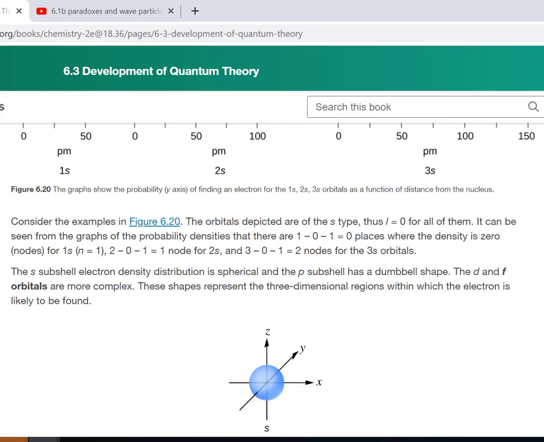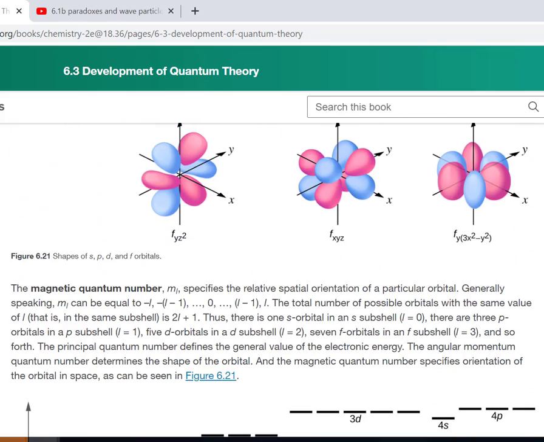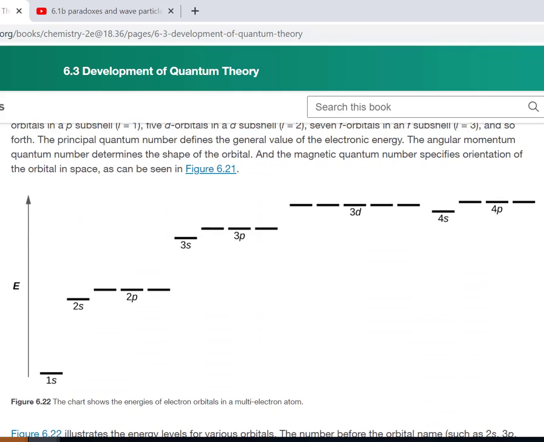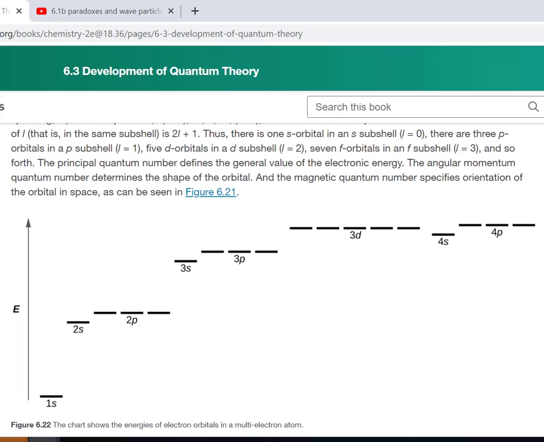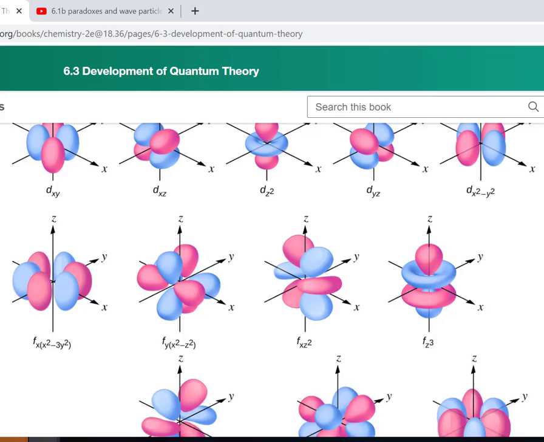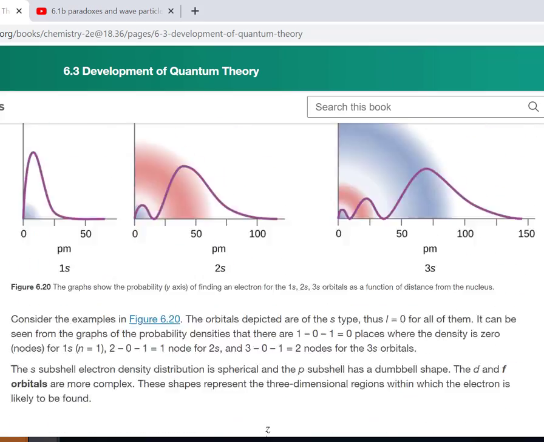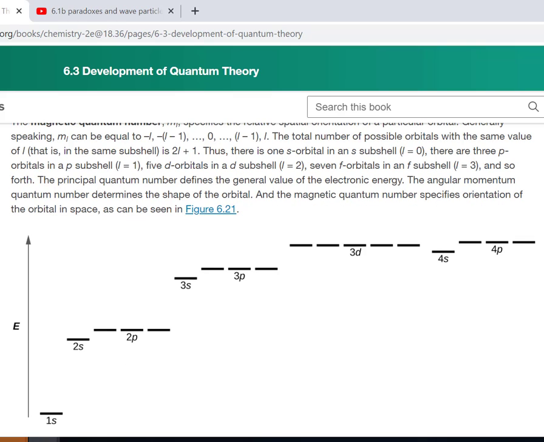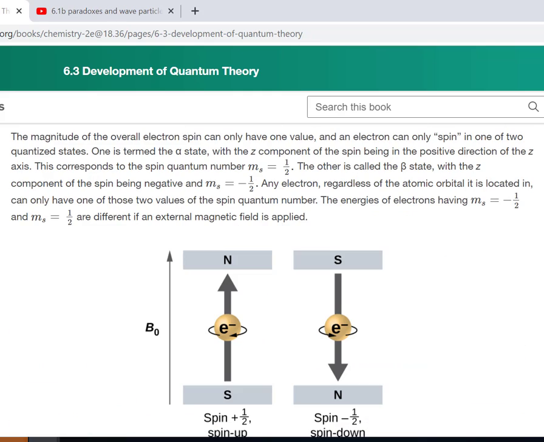These different orbitals are related to different quantum numbers, and we're not going to worry too much about these quantum numbers for now. What we are going to end up doing is talking about where the electrons end up in these different orbitals, and what that looks like related to their energy. That's something we'll be getting into in the next video.